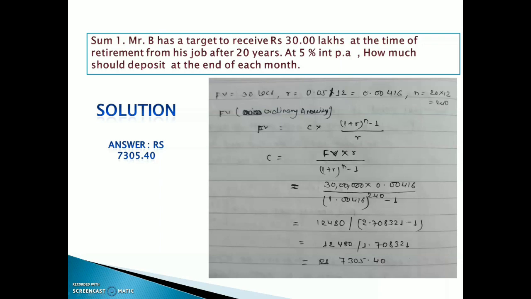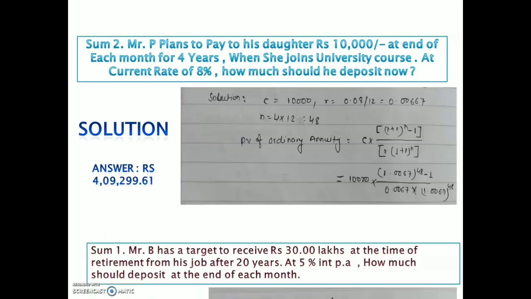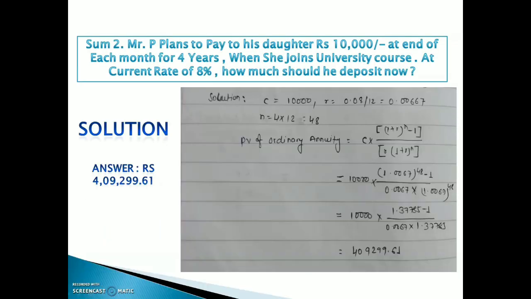That means Mr. B has to deposit 7,305.40, that means 40 paise, at the end of each month for 20 years to get rupees 30 lakhs.